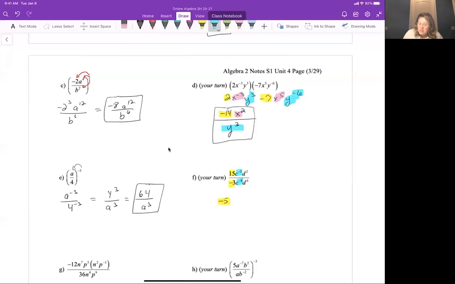So negative 5 plus 8 will give me c to the 3rd, which is a positive 3, so it's going to be on top. Then I would look at d's, and I say d squared, so 2 minus 6 is a negative 4, which means it's going to be on the bottom, and that way my exponent is a positive number.